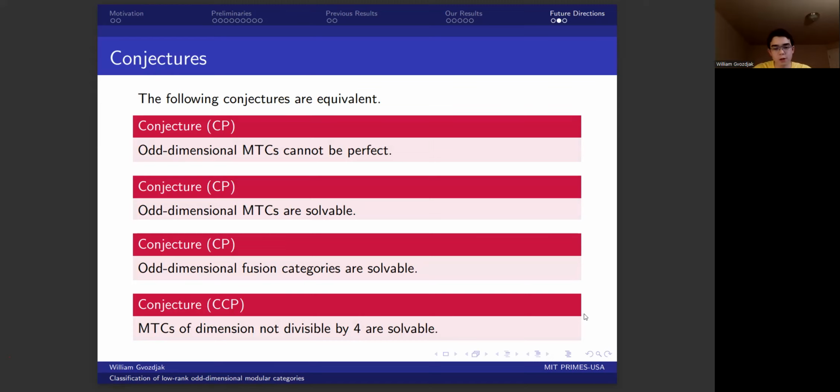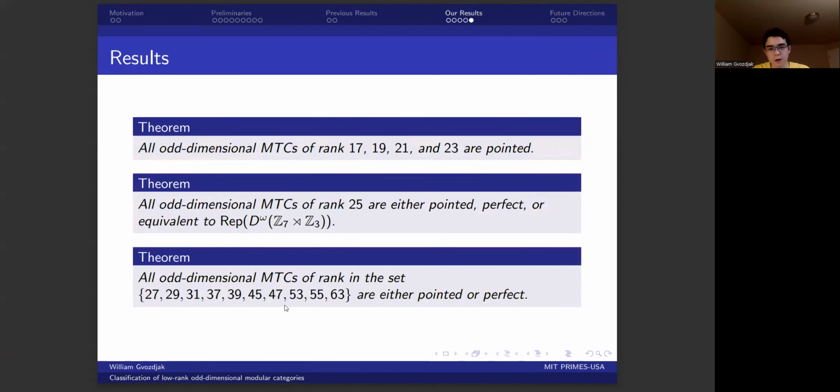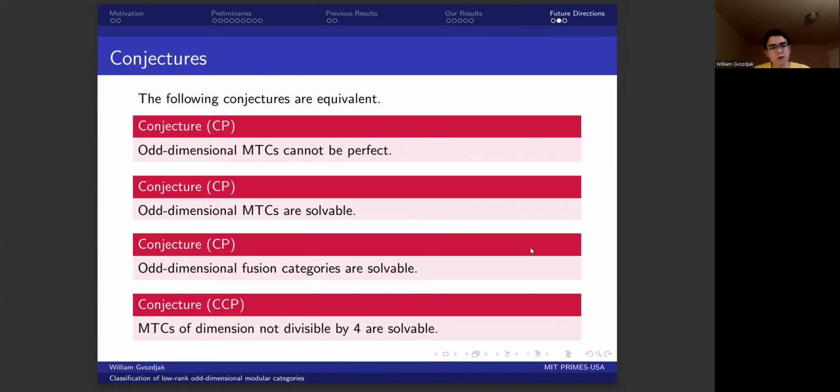If this conjecture can be shown, then rank 25 and all the ranks in this set would be fully classified, because we've classified them except for the perfect case. If we can discard that perfect case, then we've finished the classification for those ranks. It was shown that this conjecture is equivalent to showing that odd-dimensional modular categories are solvable, and equivalent to showing that odd-dimensional fusion categories are solvable in general.